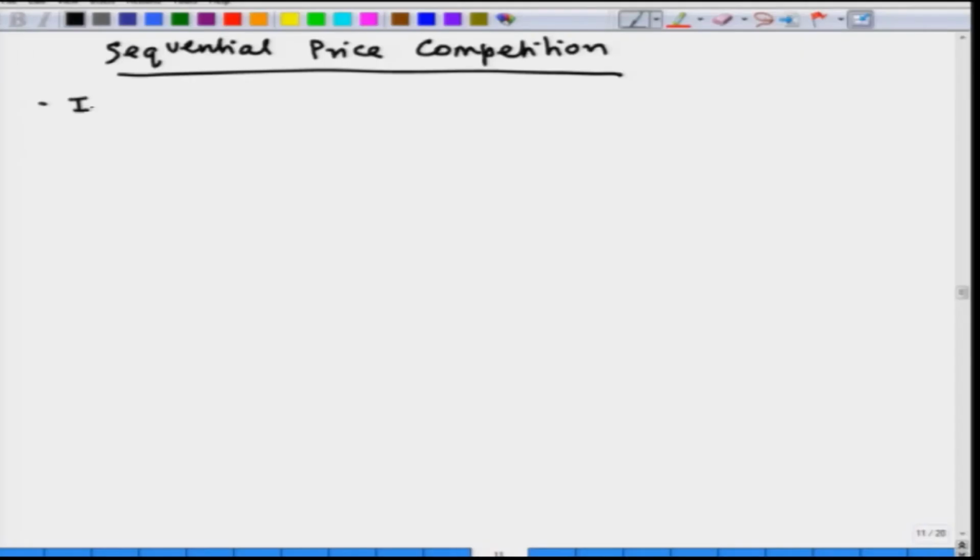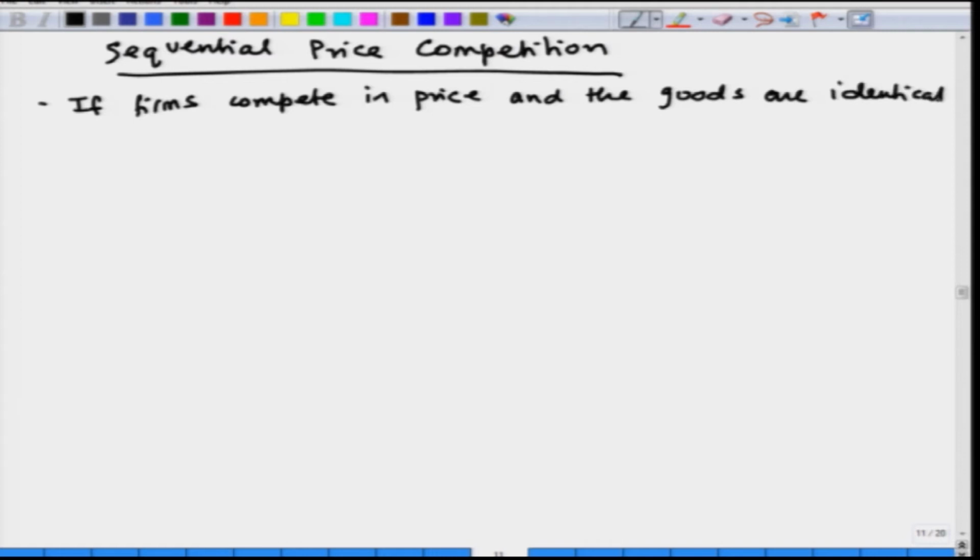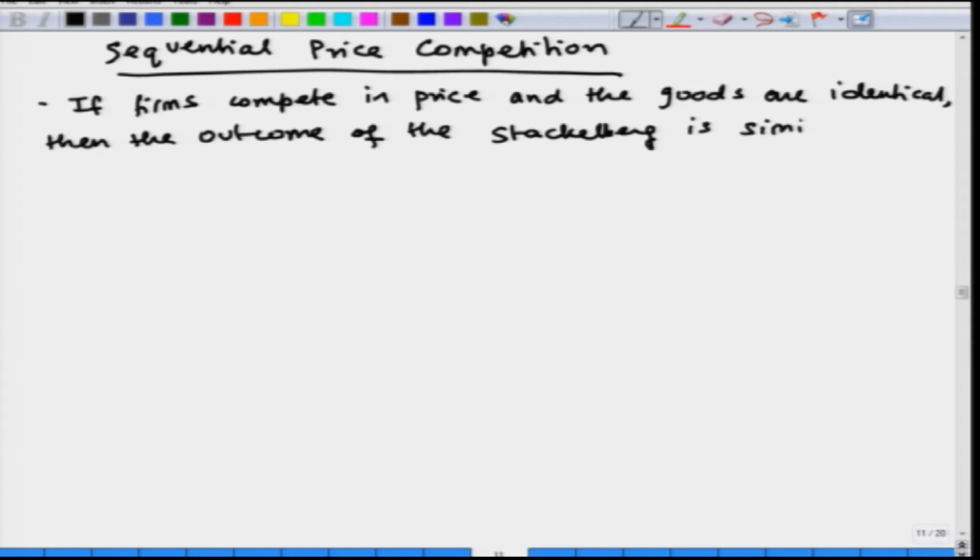So, if firms compete in price and the goods are homogeneous and the goods are identical, then the outcome of the Stackelberg model where firms are competing in prices is similar to the Bertrand model of price competition.